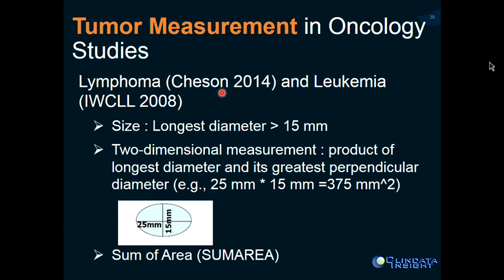Lymphoma and leukemia studies have a really different tumor measurement. The size is a longest diameter greater than 50 millimeters, and it is a two-dimensional measurement. What that means is the product of the longest diameter and the perpendicular diameter, so 25 times 15 is 375. And we also sum those areas.